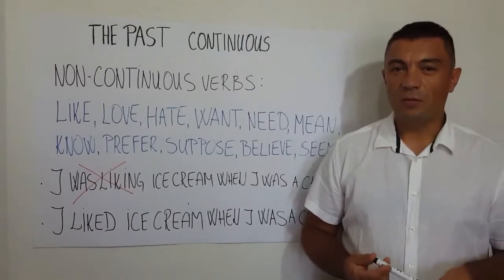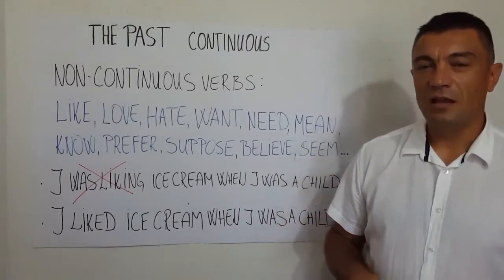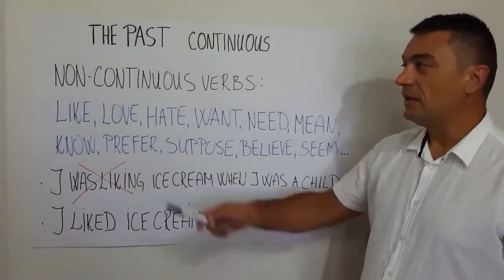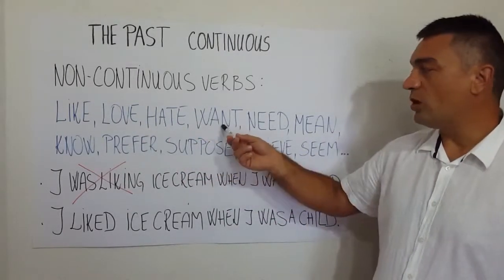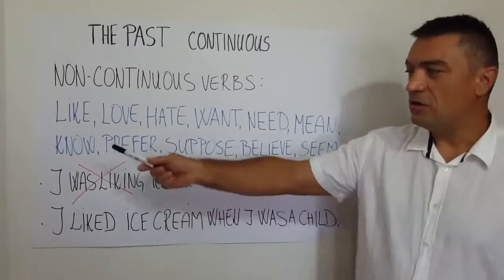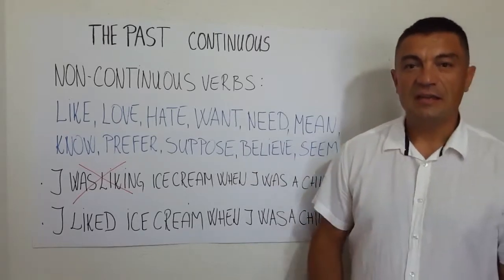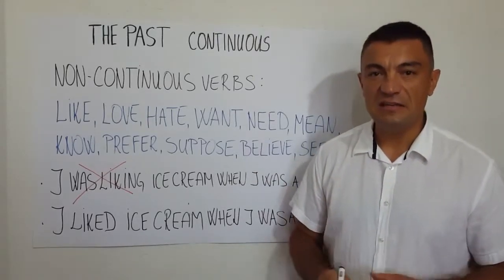Finally, the last thing I want to talk about is non-continuous verbs or state verbs. Verbs such as like, love, hate, want, need, mean, know, prefer, suppose, believe, seem, etc. cannot be used in any continuous tense.